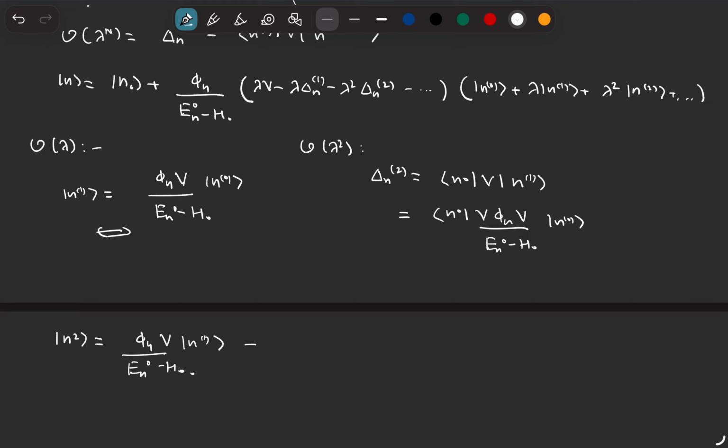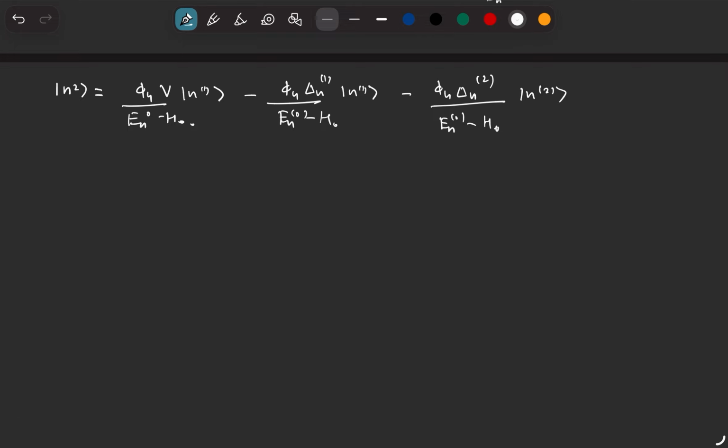Yes, and that would be minus phi n upon n0 minus of h0, there is delta n1, of n1, and then there is this term that is phi n delta n2 divided by... okay, great, fair enough.